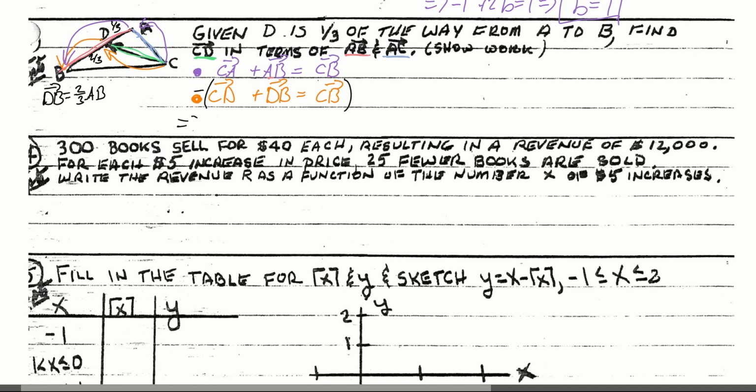So then I'm left with CA minus CD plus AB minus DB equals 0. And I want to solve for CD, so I'm going to add that CD over. So I have CD equal to CA plus AB minus DB.